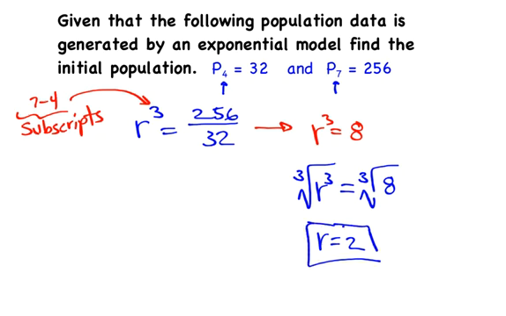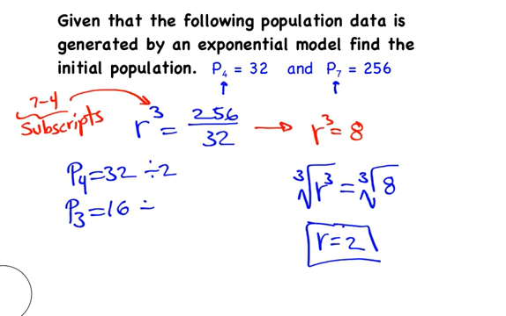Now we just need to work backwards from P4 to find out what P0 is. P4 is equal to 32. If I divide by 2, I'll get P3, which is equal to 16.